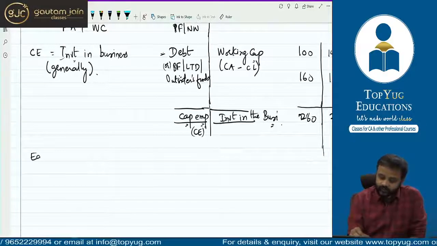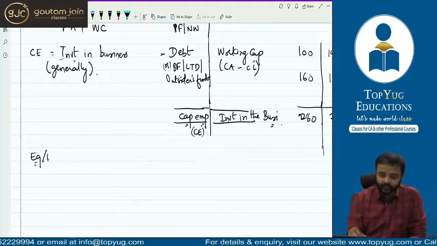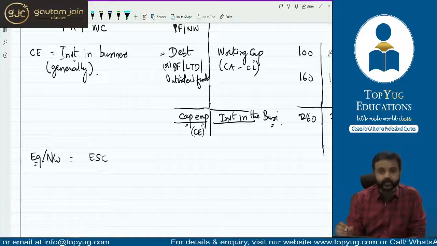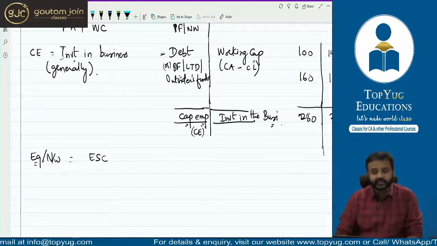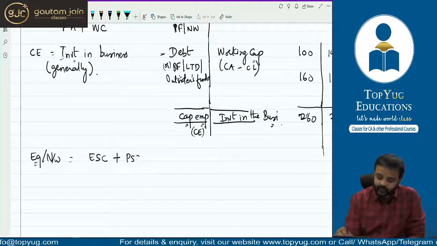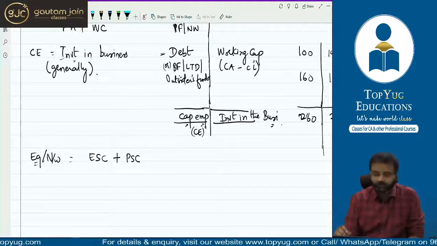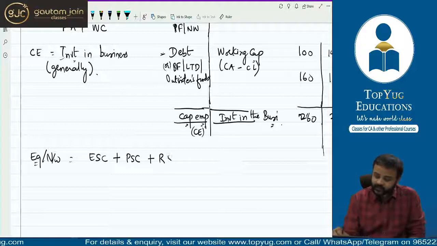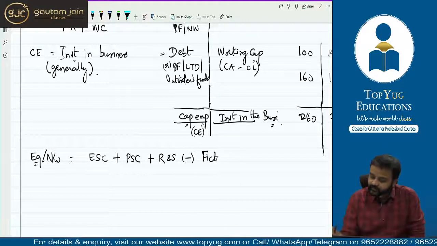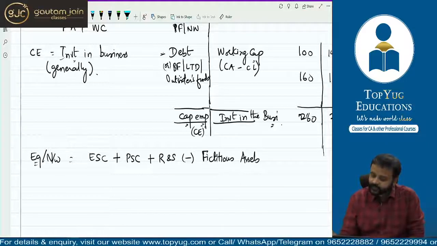How do you think we will get this equity, or as you know, net worth? Equity share capital. What is this ESC? Equity share capital plus preference share capital plus reserves and surplus minus fictitious assets, if at all that is there, right?